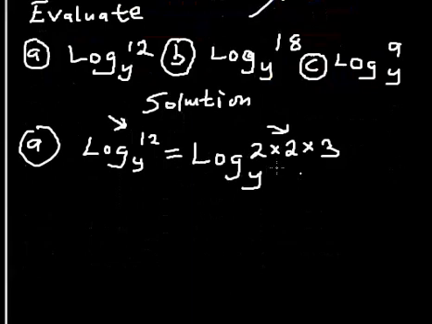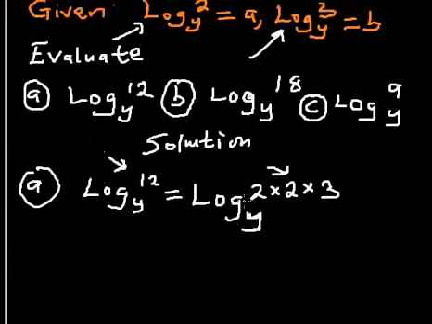So now the question is, how do I separate them into their different logs, because they are just in one log, only one base? I cannot substitute here. This is log of 2 times 2 times 3. I have to separate it into individual logs. So remember our multiplication law of logarithm. I'm going to go through the reverse process of the multiplication law. Remember, in logarithm, once you have addition of logs, it leads to multiplication.